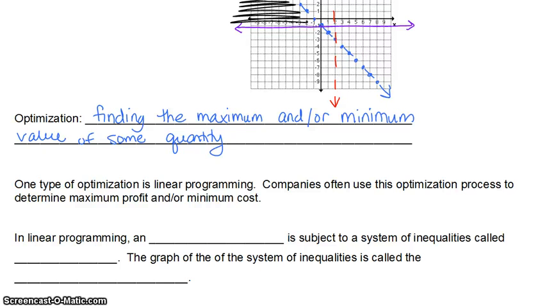In linear programming, an objective function is subject to a system of inequalities called constraints. The graph of the system of inequalities is called the feasible region.